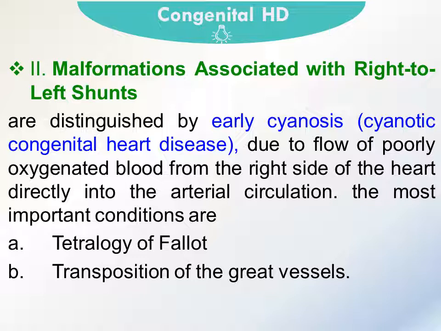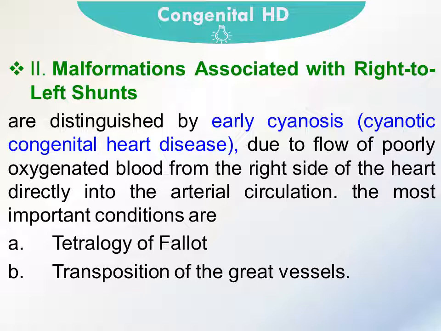Secondly are the malformations associated with right to left shunts. These malformations are distinguished by early cyanosis, so it is called cyanotic congenital heart disease, due to flow of poorly oxygenated blood from the right side of the heart directly into the arterial circulation.